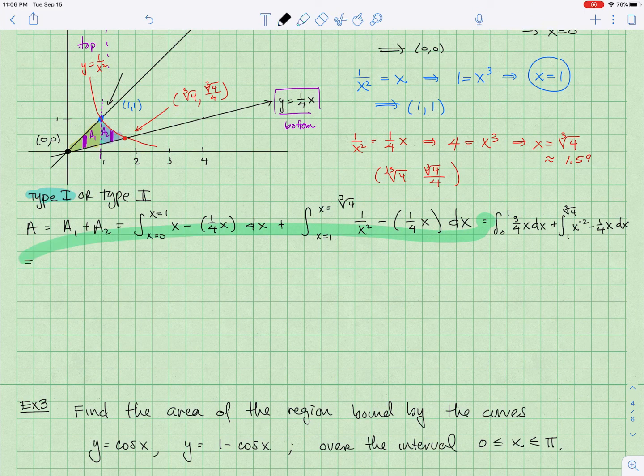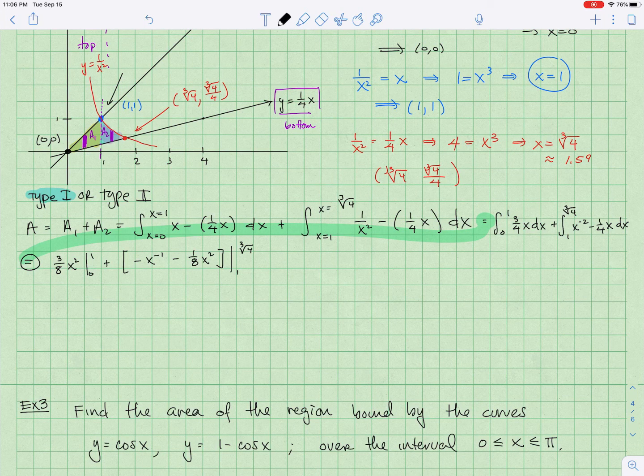And that's going to be equal to 3/8 x squared as the antiderivative between 0 and 1, plus the quantity negative x to the negative 1 minus 1/8 x squared between 1 and the cube root of 4.